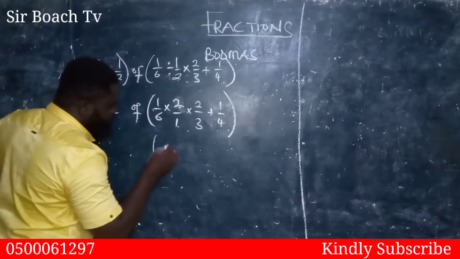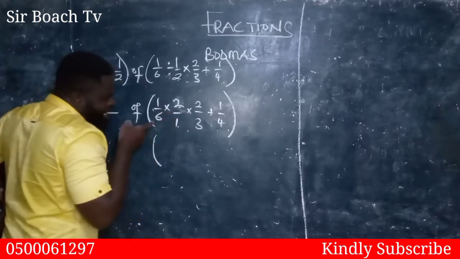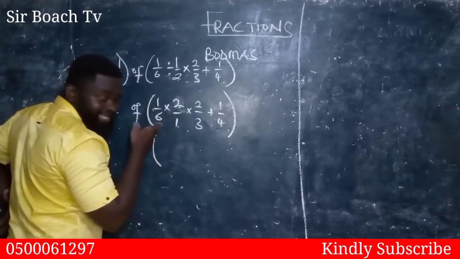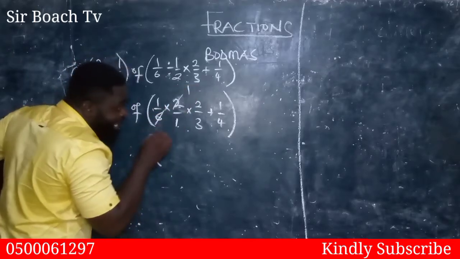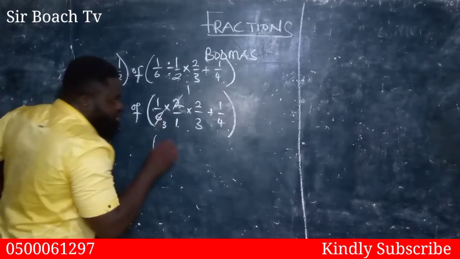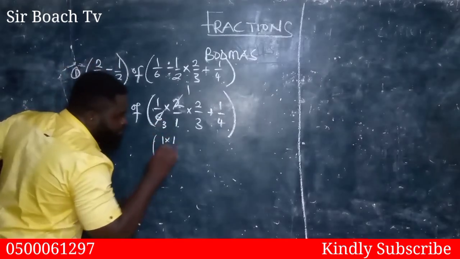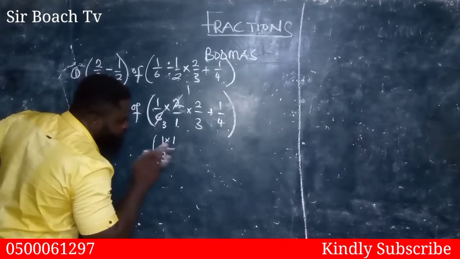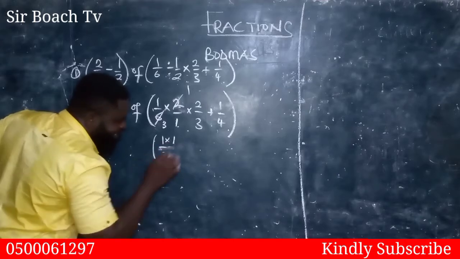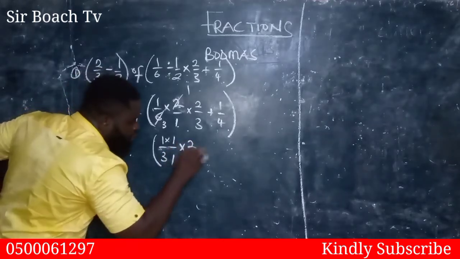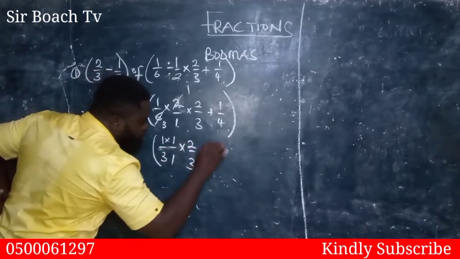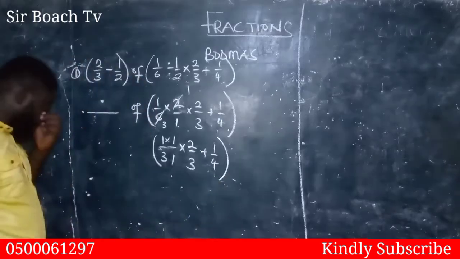Then I'll go ahead and multiply this and this to make it go away. Even here I can cancel this and this, right? So 2 goes here 1, and it goes here 3. So I'm going to get 1 over 3 times 1 over 1 times 2 over 3 plus 1 over 4.